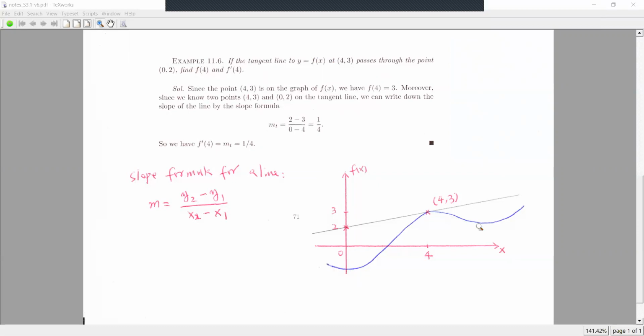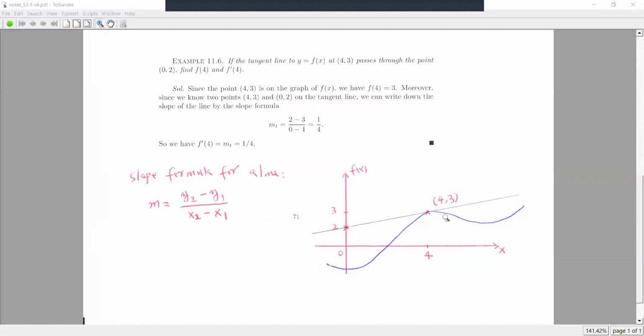The blue curve is the graph of the function f. The point 4, 3 is on the blue curve. At this point, there is a tangent line, and the tangent line passes through the point 0, 2. 0, 2 is here.